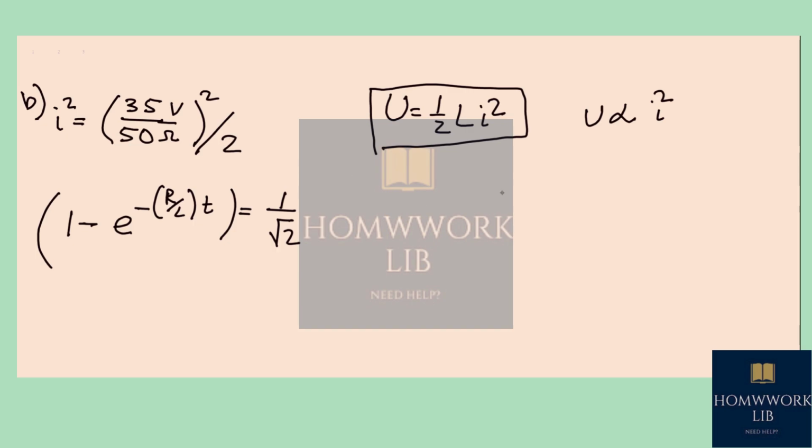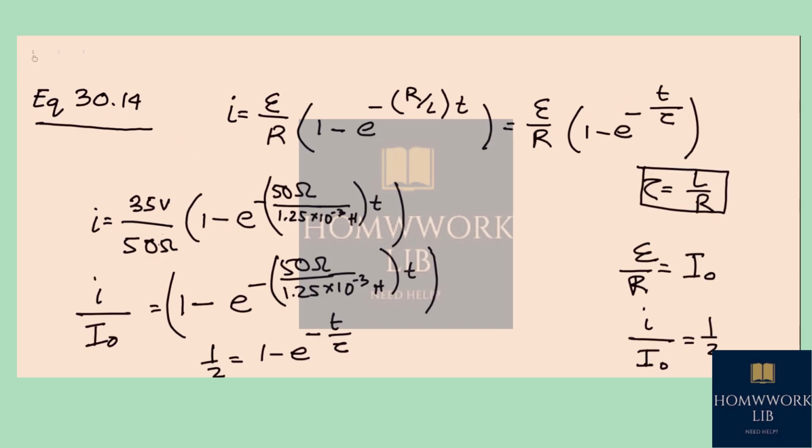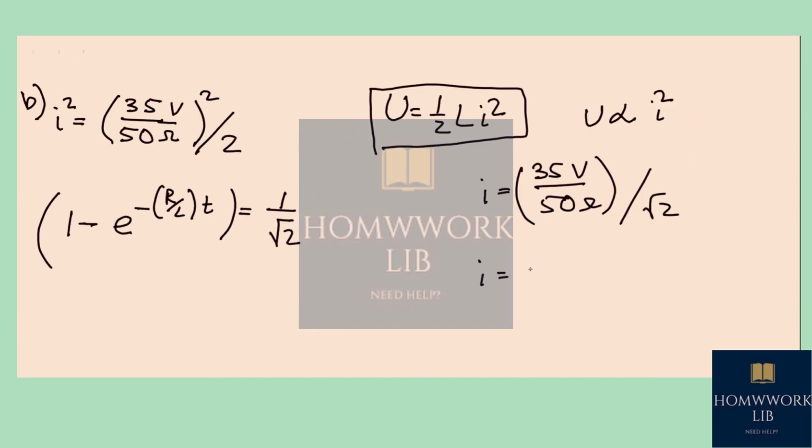And from there, I is equal to 35 volts by 50 ohms divided by square root of 2.